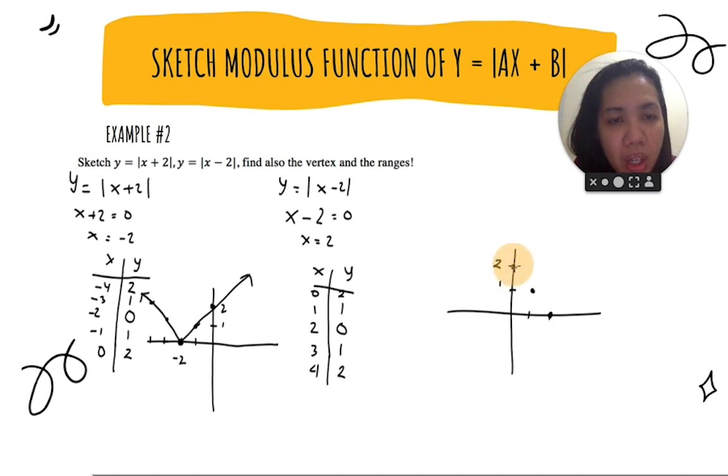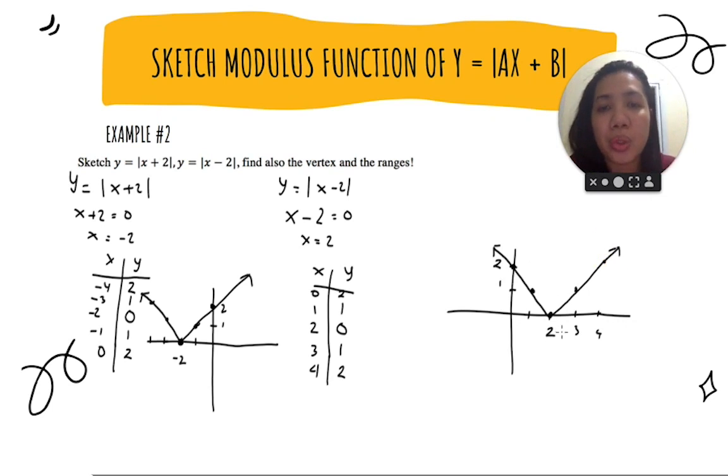Let's join those points together, like that, and put an arrow here. Now let's find when x equals 3 and x equals 4. When x equals 3, y is 1, and when x equals 4, y is 2. Now we join them together and put an arrow right here. This is the graph of y equals the absolute value of x minus 2.